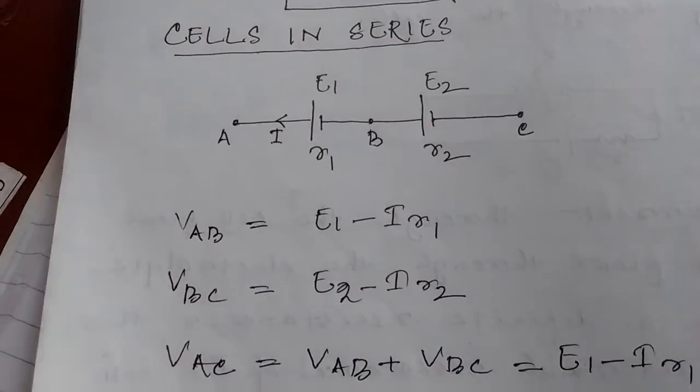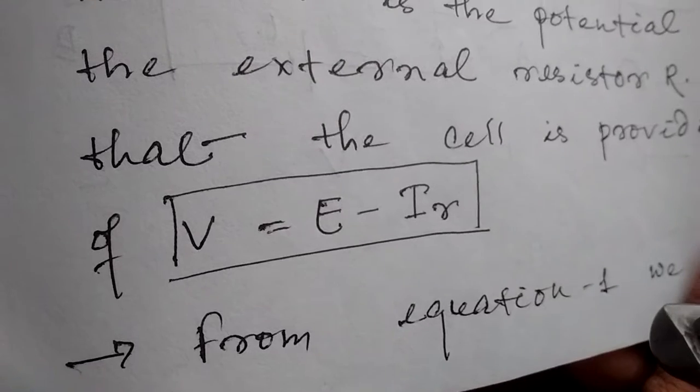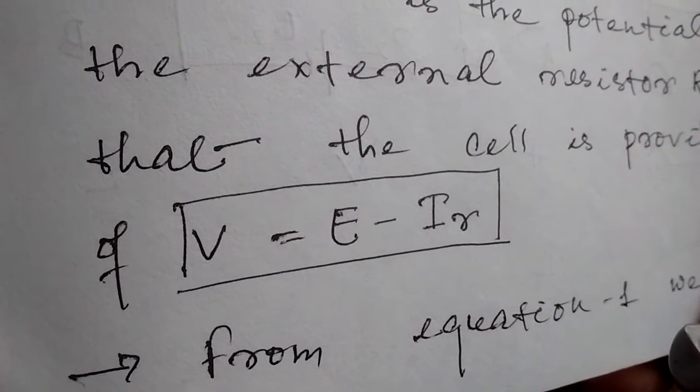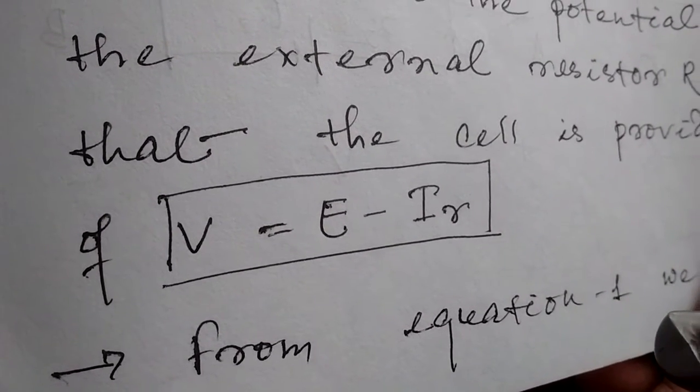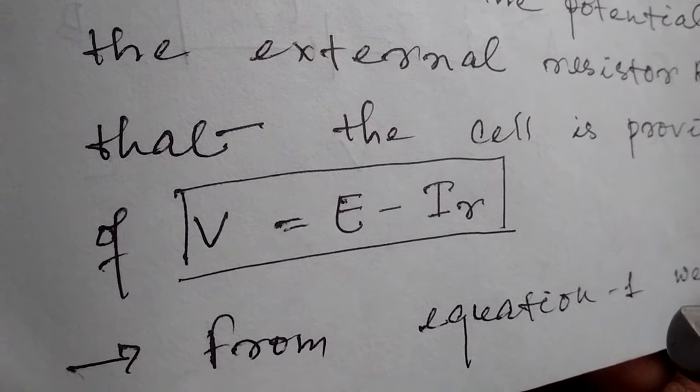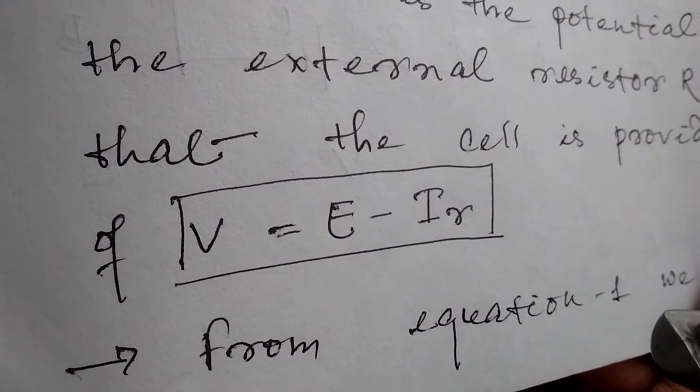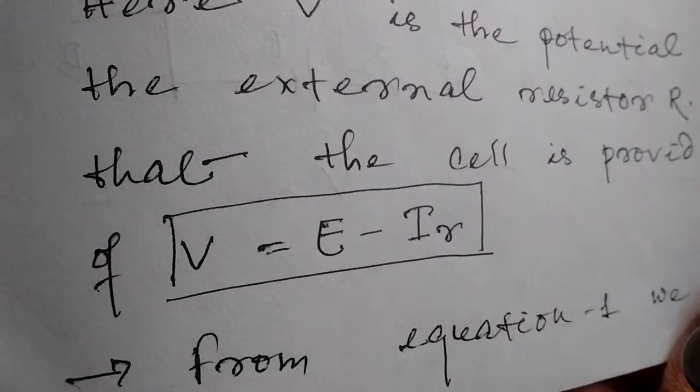In the previous class we deduced the relation V is equal to E minus IR, the cell equation, where V is the potential difference offered by the cell whenever connected across an internal resistance R.